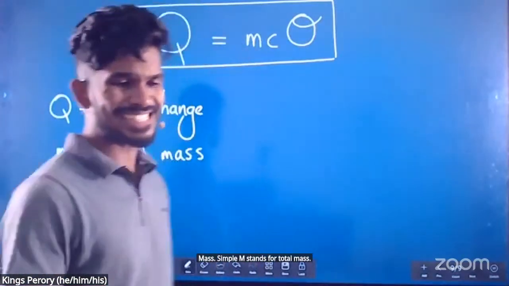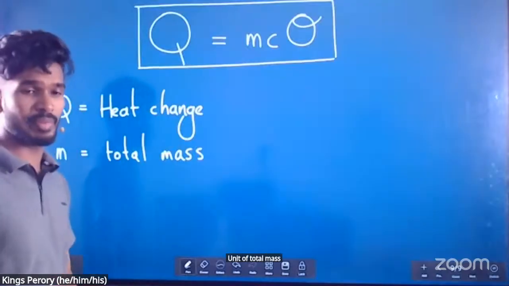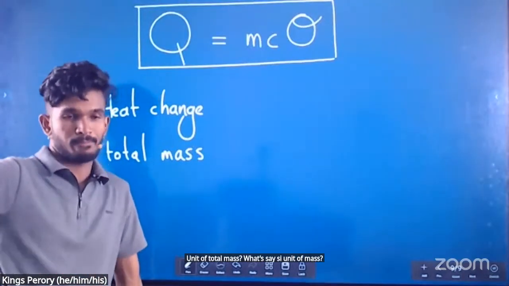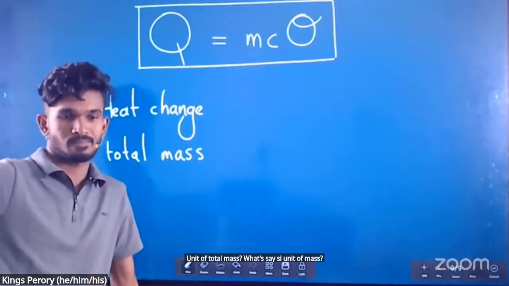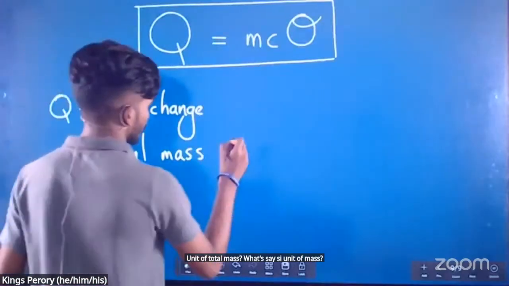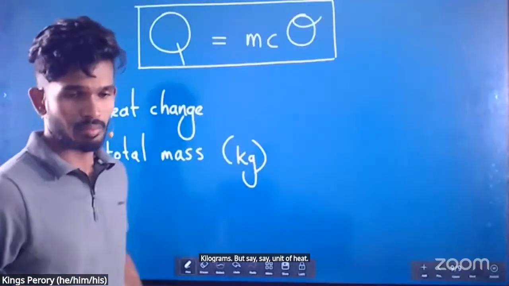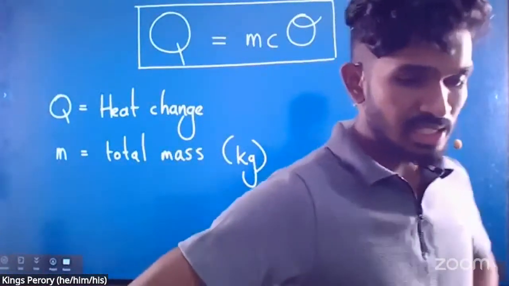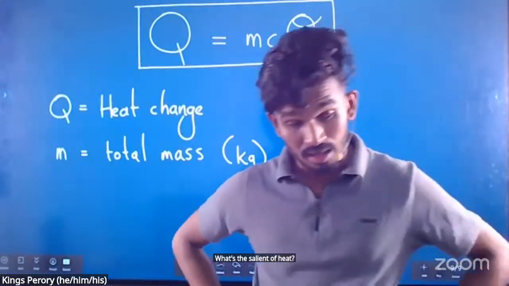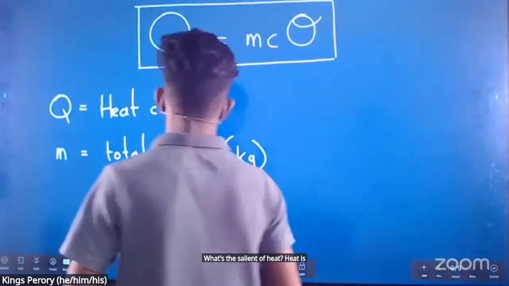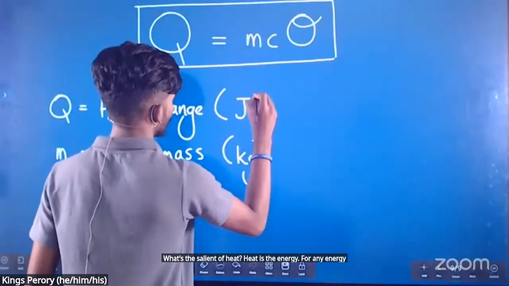Tell me, what's the SI unit of mass? Kilograms. What's the SI unit of heat? Heat is an energy. For any energy, the SI unit is joules.